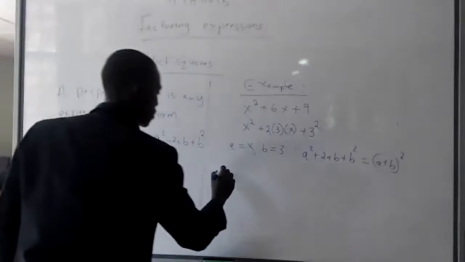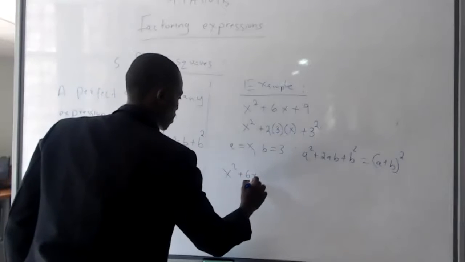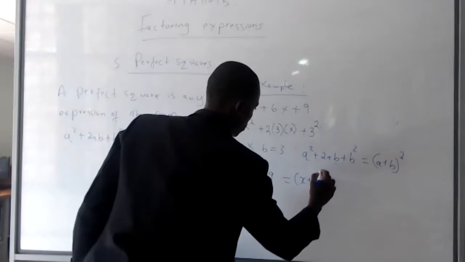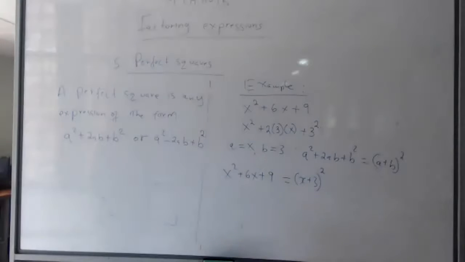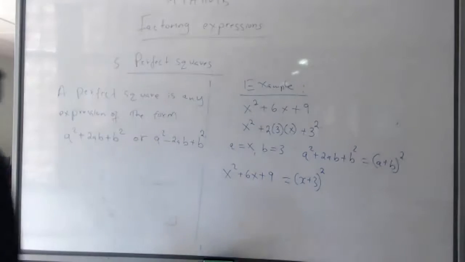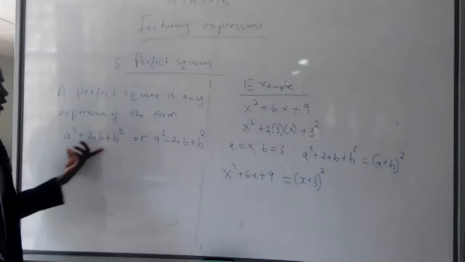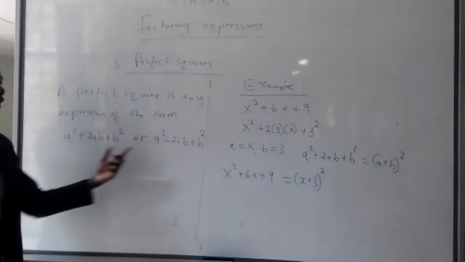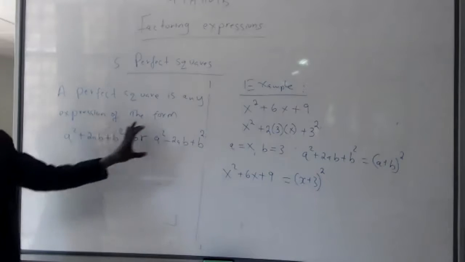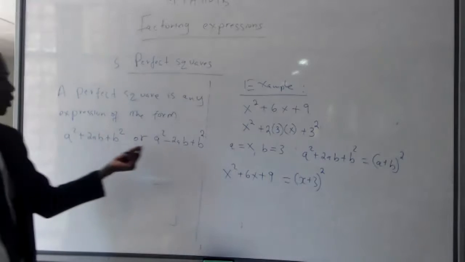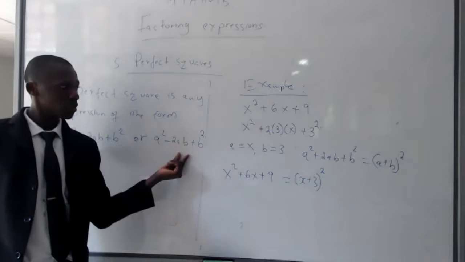So that means x squared plus 6x plus 9 is the same as (x plus 3) squared. So any expression that can be written in either of these two forms is a perfect square. To factor it, just identify your a and b. When the middle term is positive, that's (a plus b) squared. When the middle term is negative, that's (a minus b) squared.